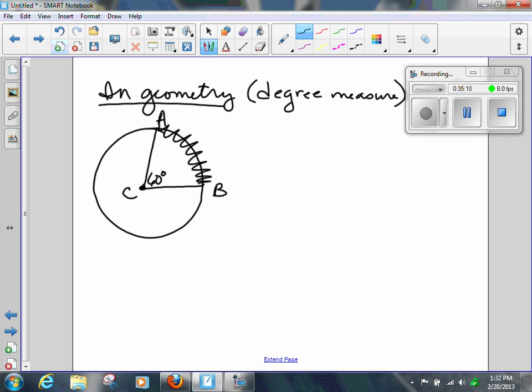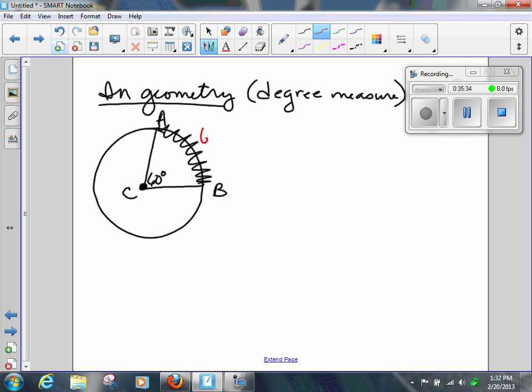The central angle's vertex is at the center, okay? So if this is a central angle, which it is, because the center of the circle is C, then what would the measure of the arc AB be? It's just 60. It's equivalent.